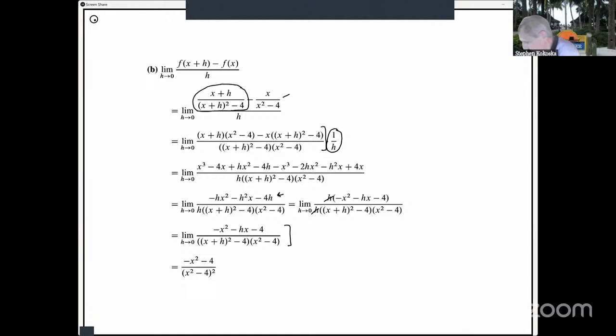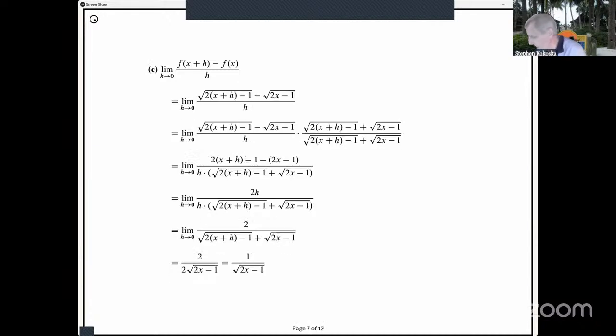How about that? And one more that involves a square root. This one's got a couple problem-solving techniques in it, I think. So as usual here, I'm going to evaluate the function at x plus h. And here in this step, what I'm going to do is rationalize the numerator. And how do you do that?